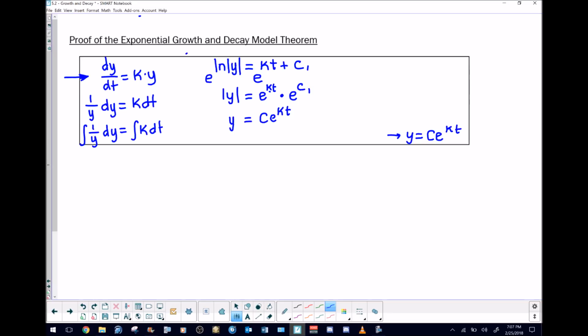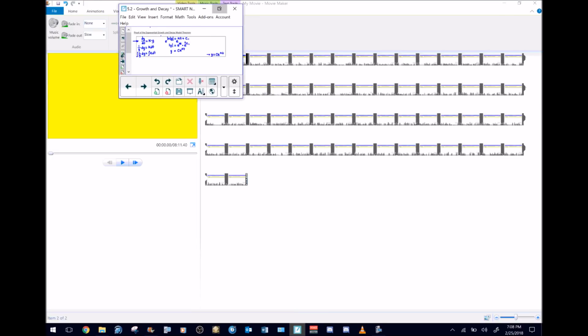I know that's a little bit of a daring move because we don't know the value of C. However, we do know that if you take e and raise it to some power, that's going to produce a positive result. Deciding on the sign of y will become clearer when we have specific examples and actual data values for t and y.